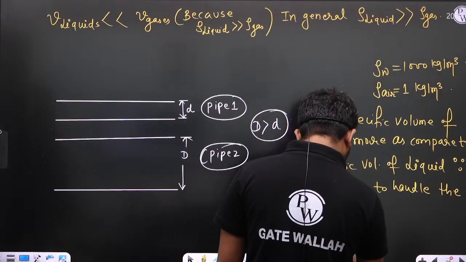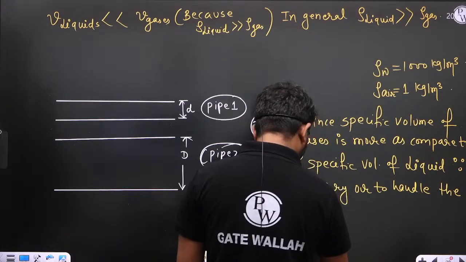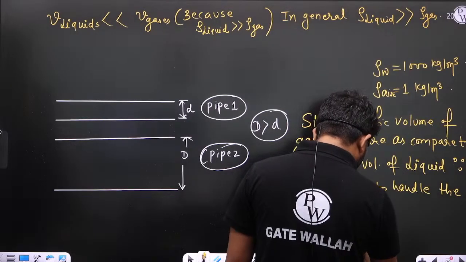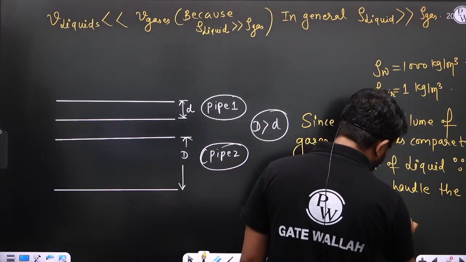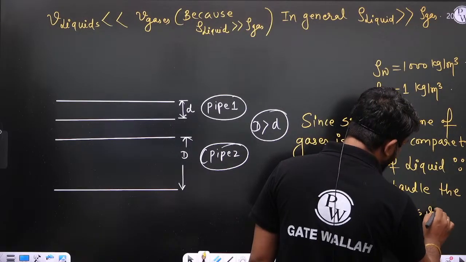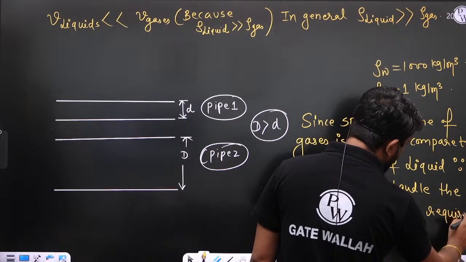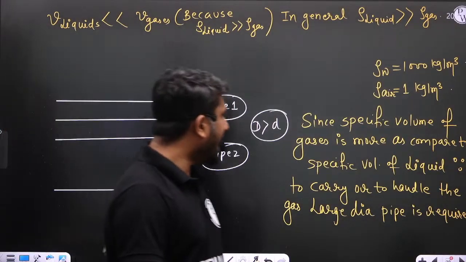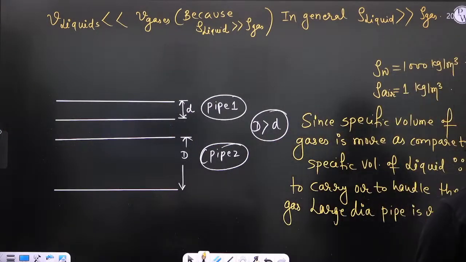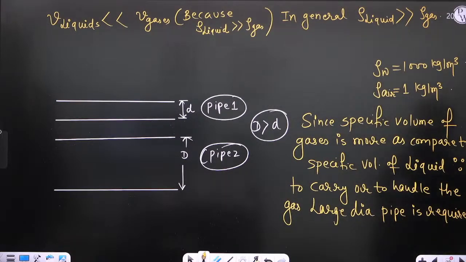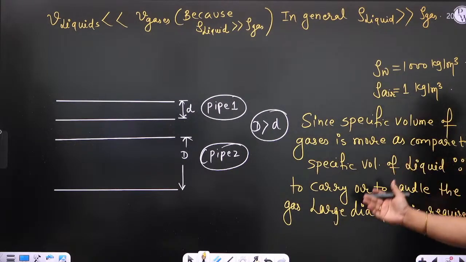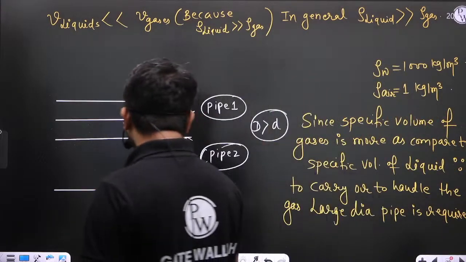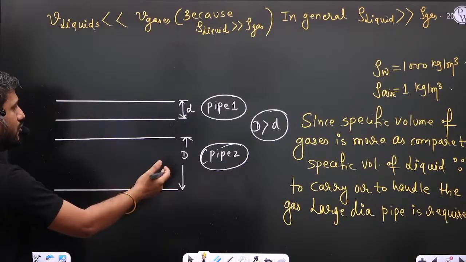Since the specific volume of gases is more as compared to the specific volume of liquids, therefore to carry or handle the gases, a large diameter pipe is required. So in pipe number 2 the diameter is more.